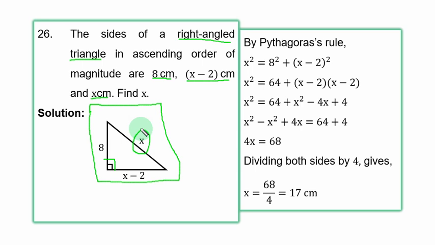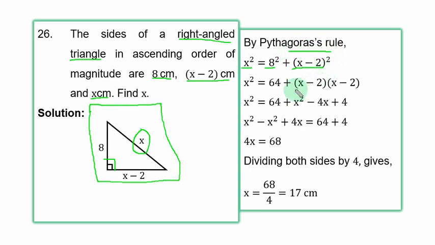Clearly, we can use Pythagoras rule, and that rule states that the square on the longest side, that is the hypotenuse, is equal to the sum of squares on the other two sides. So you have s squared equal to 8 squared plus bracket s minus 2 bracket squared. We need to simplify this term.